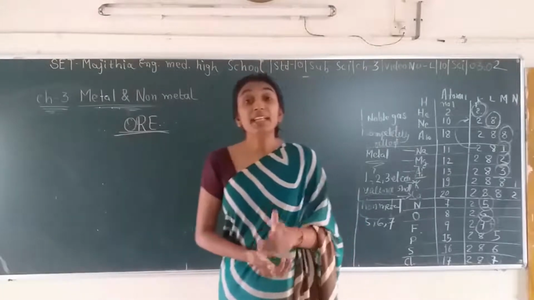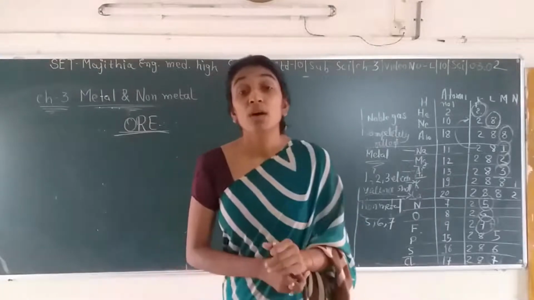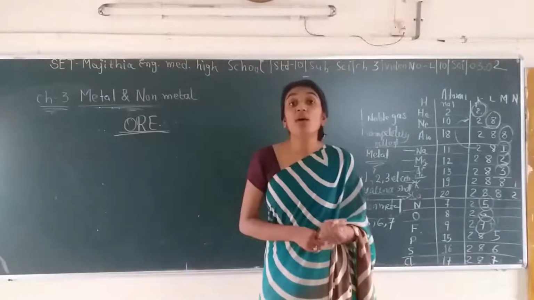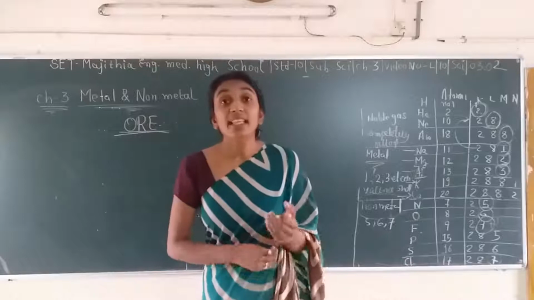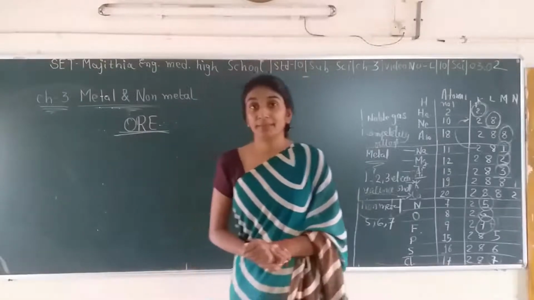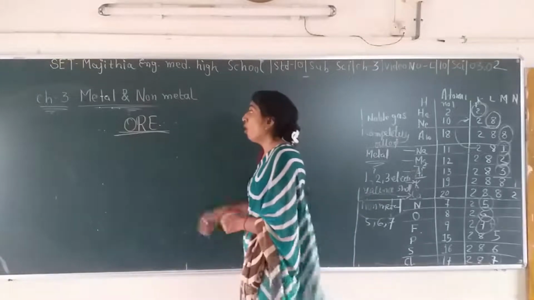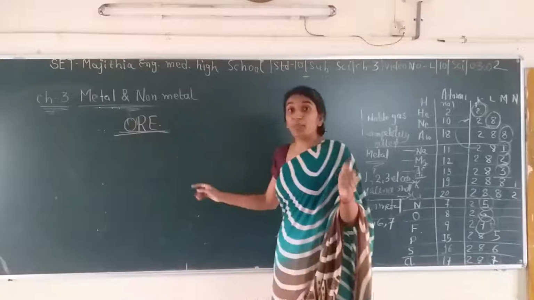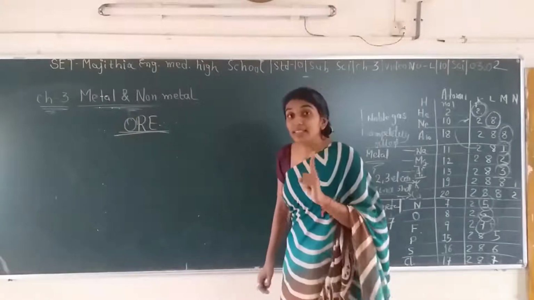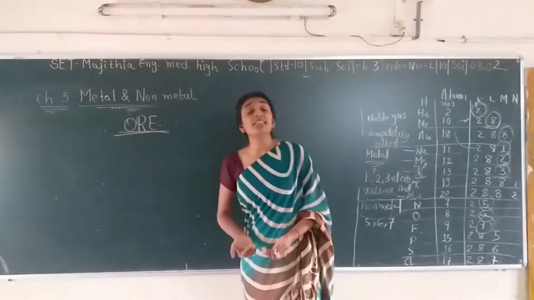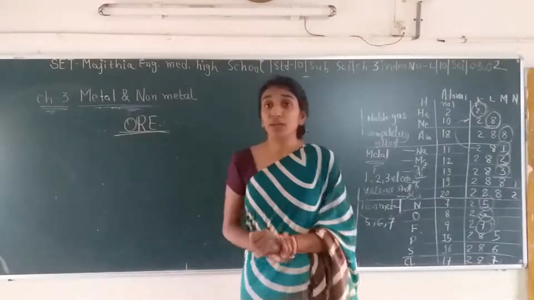If any mineral has a very high percentage of one or another metal, then this particular mineral is called ore. Ore is a kind of mineral which has a large proportion of a single metal. The metal can be extracted from this particular ore.